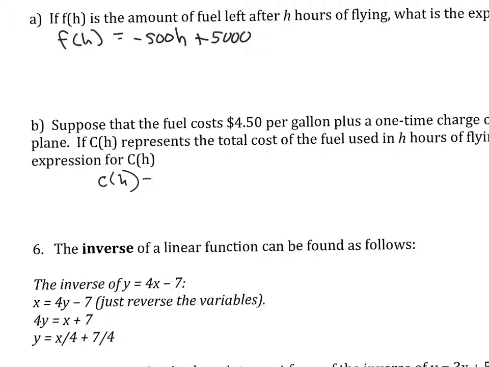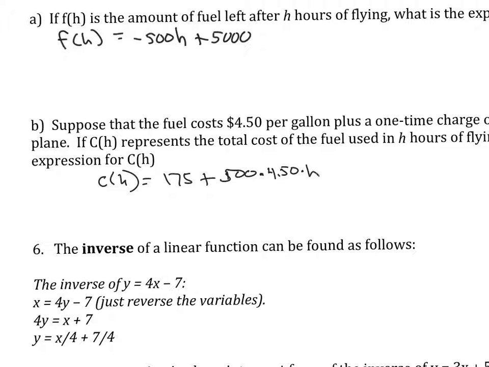so C of h is equal to 175 plus the number of hours we've been flying, but we're spending 500 gallons per hour, so it's going to be 500 times h to represent the number of gallons, but then we have to multiply that by 450 to figure out the cost.